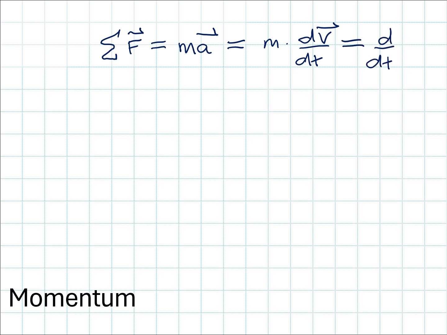But I can also see that this is equivalent to a time rate change in momentum of the system. So another way of saying Newton's second law is that the sum of external forces is equal to the rate of change of linear momentum of that system of mass.